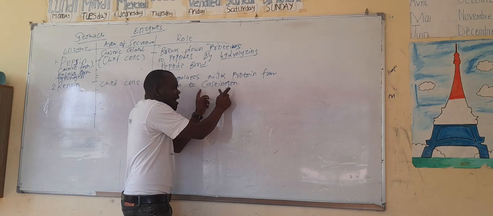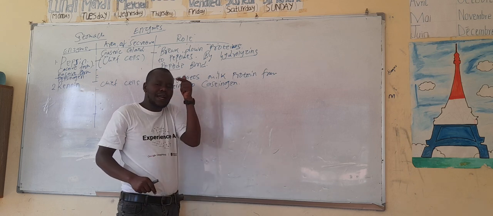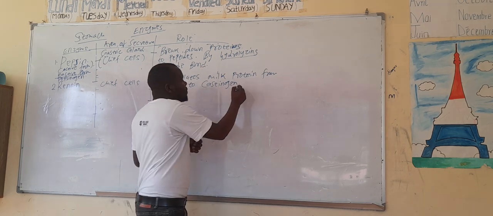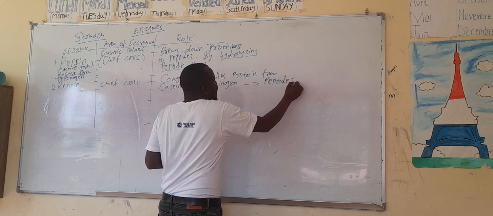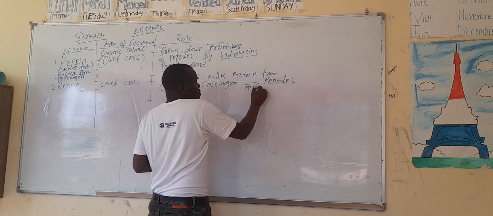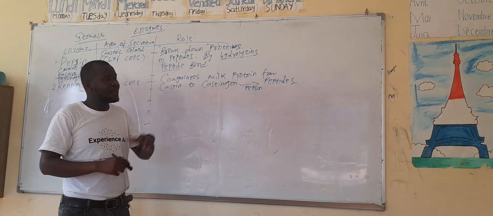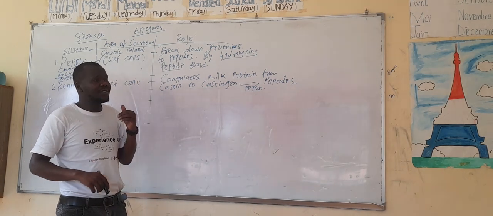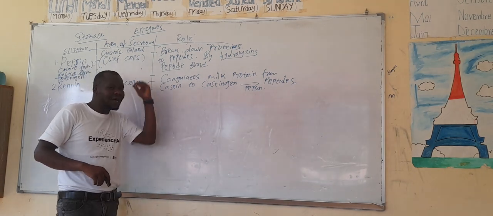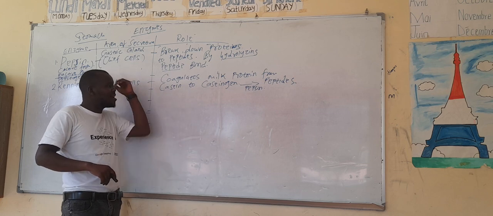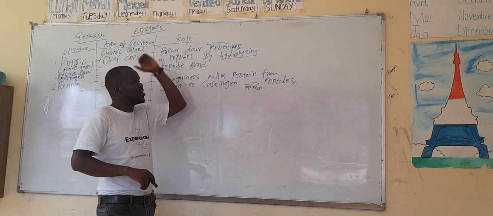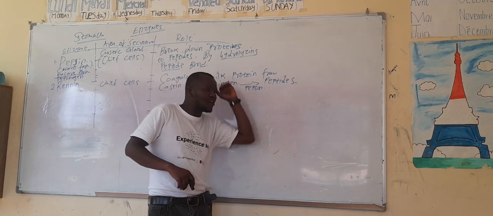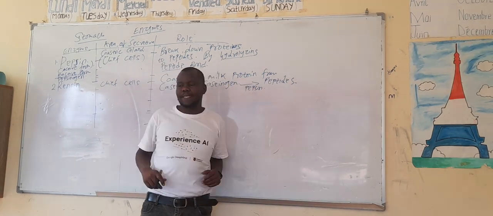This caseinogen is then broken down to peptides by pepsin. Hope you understand the procedure. In infants pepsin cannot function directly but indirectly; the one that plays the role is renin, and the caseinogen is then broken down by pepsin to peptides.